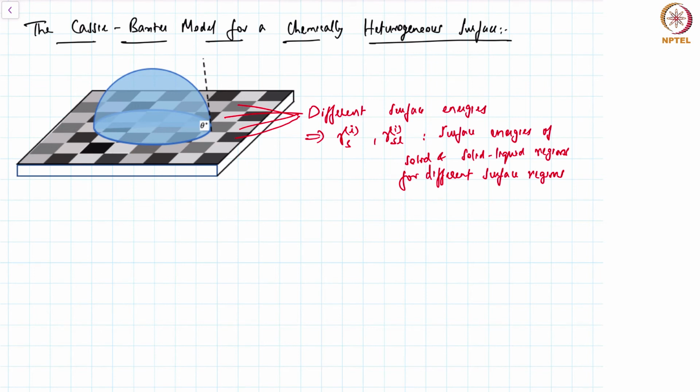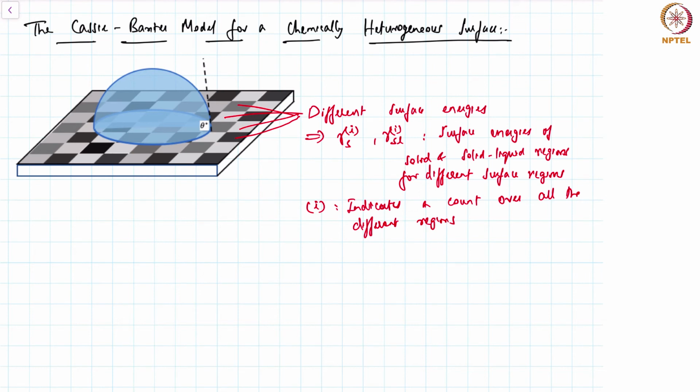So there are basically two surface energies that we have to deal with. One is the surface energy of the solid itself. This is nothing but the solid-air surface energy, and the other one is the surface energy of the liquid. So the superscript I indicates a count over all the different regions.